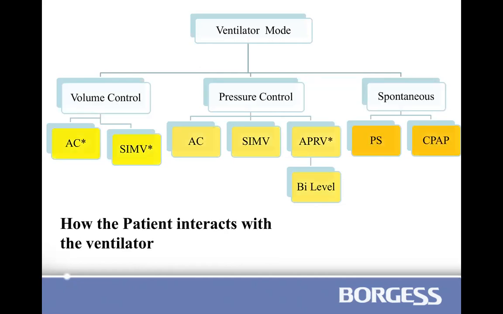The next row is how that patient interacts with the ventilator on that type of mode. You can have an assist control, which is AC, or an SIMV, which is synchronized intermittent mechanical ventilation. You can have either interaction on either a volume control setting or a pressure control setting.